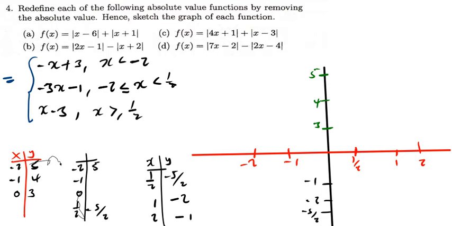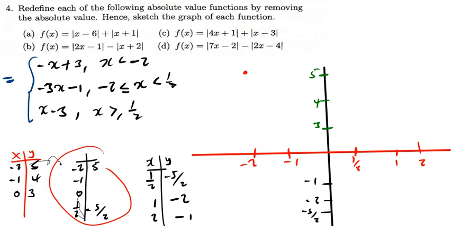So if we are to sketch, let's start with the one in between, because that one requires us to put a line. Negative 2, 5 is here. Then negative half, 2.